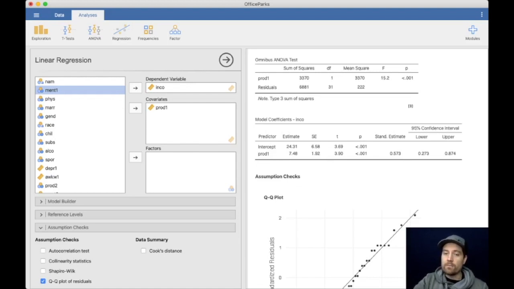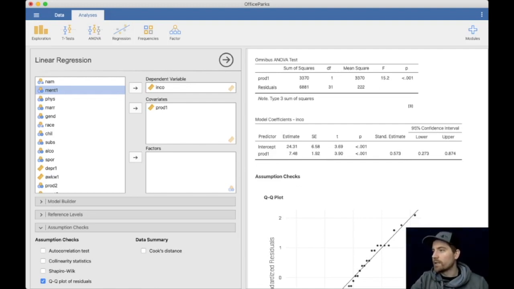That means here that our average income would be about 24 grand for someone that has 0 productivity, who's doing nothing. In our data set, no one has 0 productivity, so this is not a super useful number, the intercept. So we're going to ignore that here.